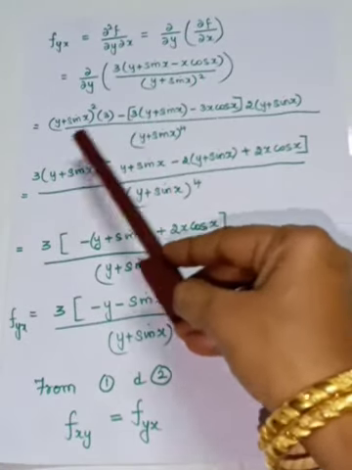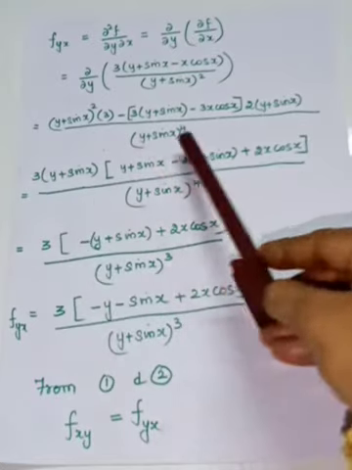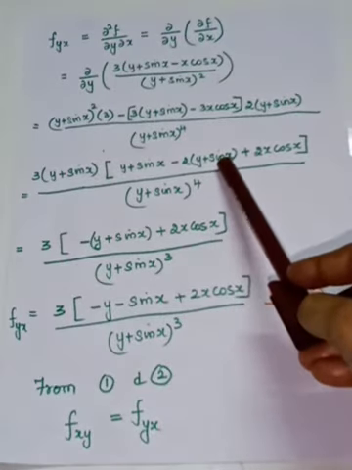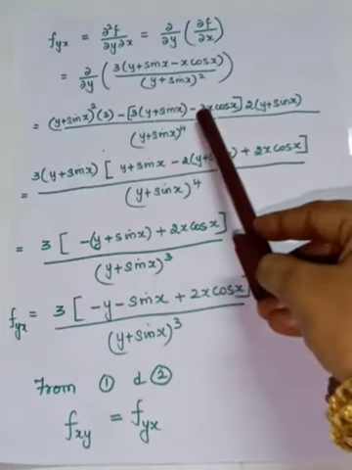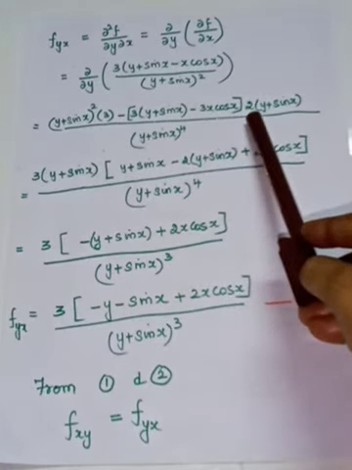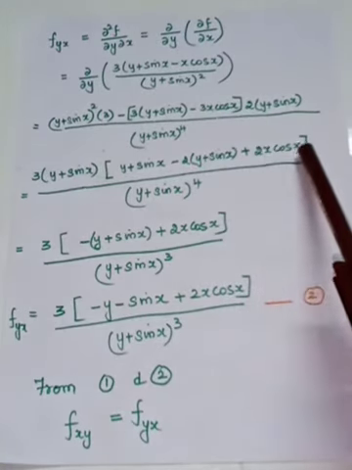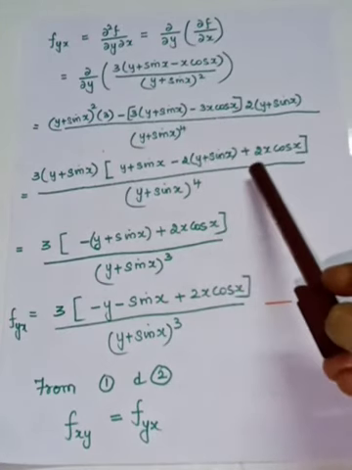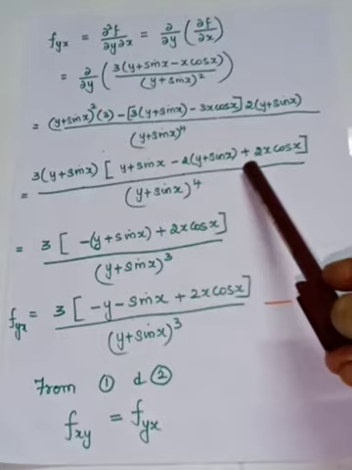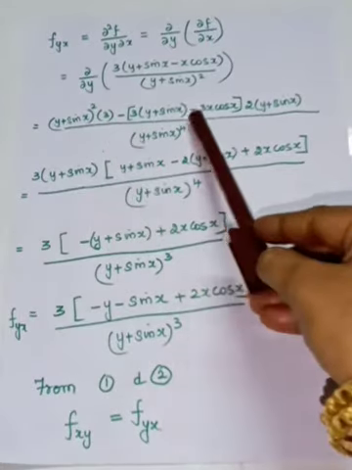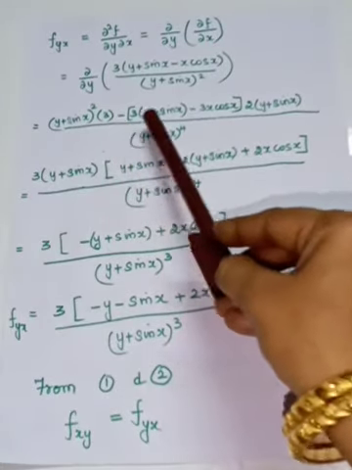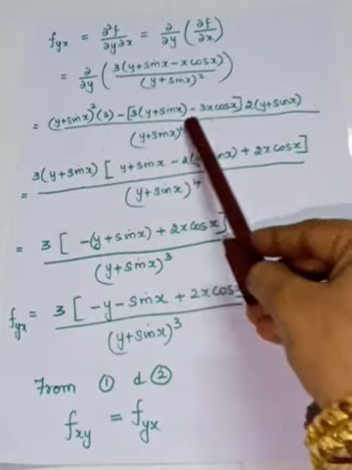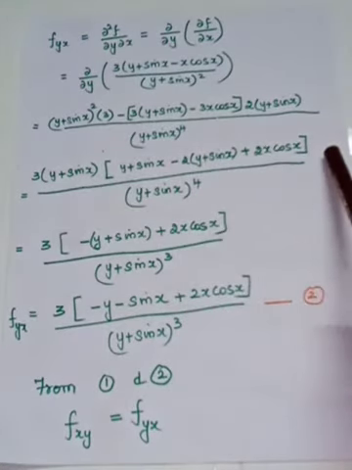From that 6, 3 is taken out, but what is remaining? 2. So 2 into (y + sin x). And this 3 is taken out. So here you are having 2x cos x. In this term you are having minus, but here I have written plus. Why so? This minus is common to both the terms. So here you will have minus 2(y + sin x), minus into minus, plus 2x cos x.